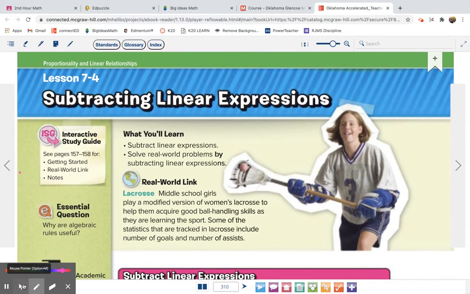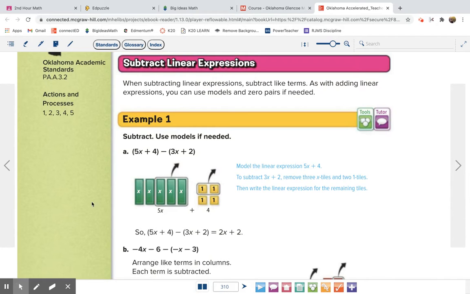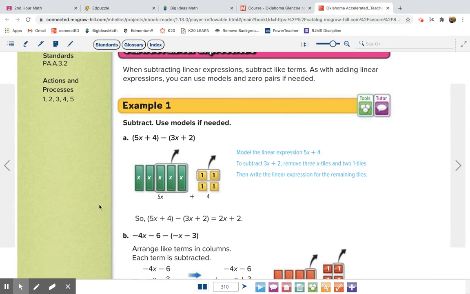So I first want to start by showing you an example that uses a model of pictures to help you understand how it works. Then I'll show you how we're going to solve the problem. This first problem says 5x plus 4 minus 3x plus 2. They've started with 5 green x's plus 4 positive numbers.